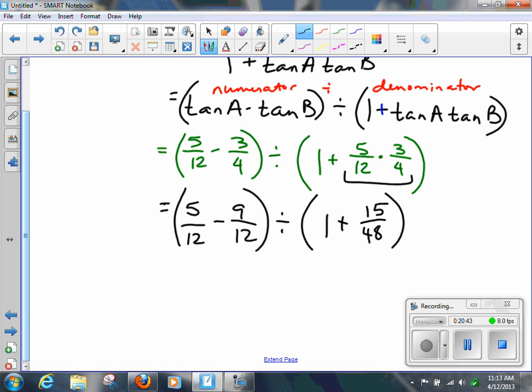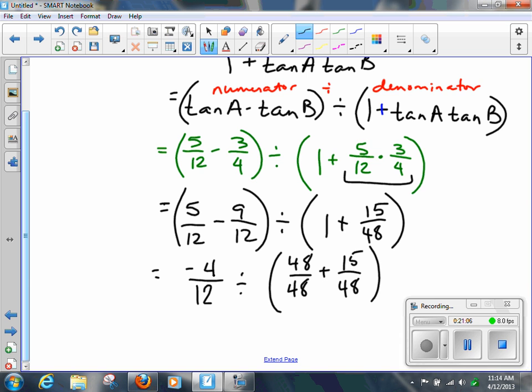It doesn't matter one way or the other, whether you do or don't. Yeah, it's fine if you did. 5 minus 9 is negative 4/12, which of course will reduce eventually. 48 over 48, is that right? I'm not reducing here. I'm going to reduce it at the end.